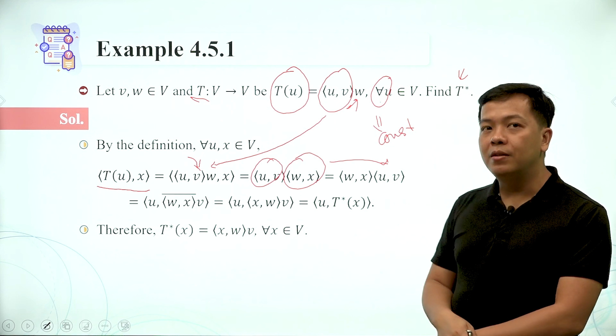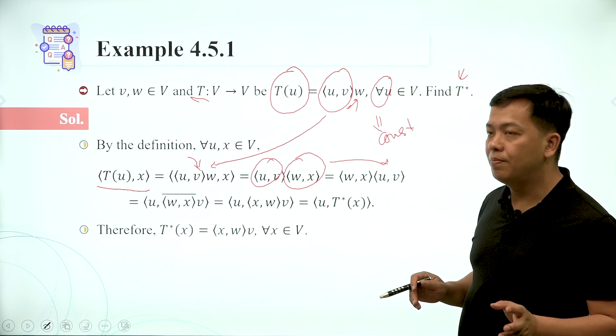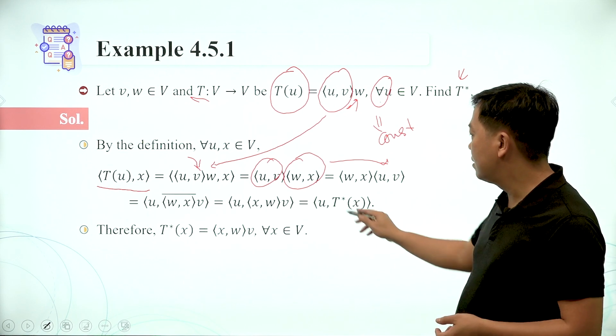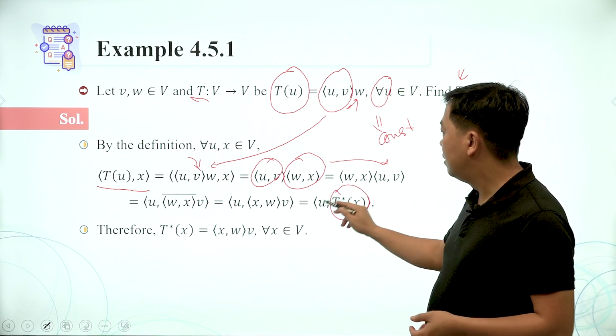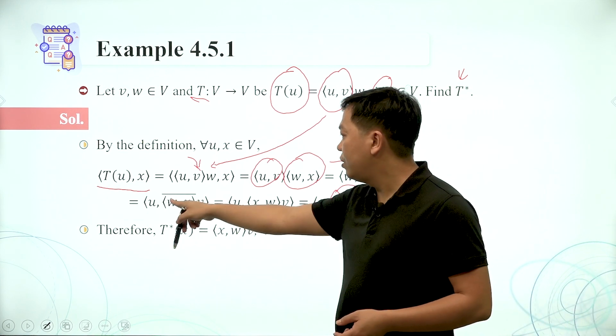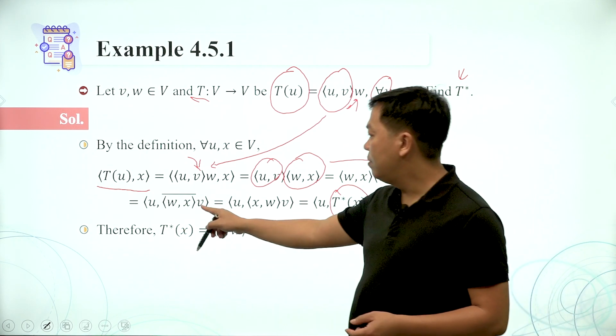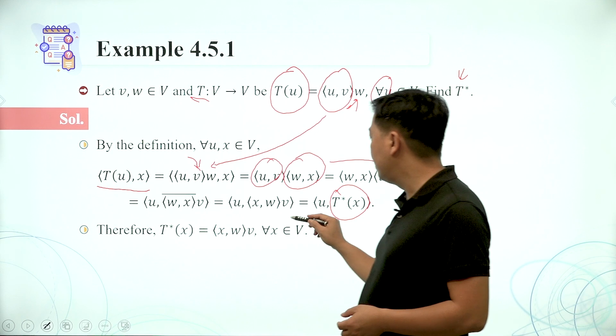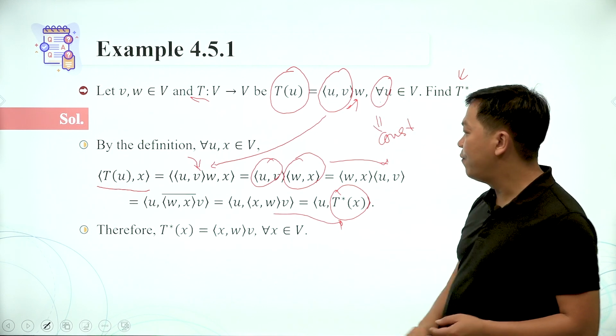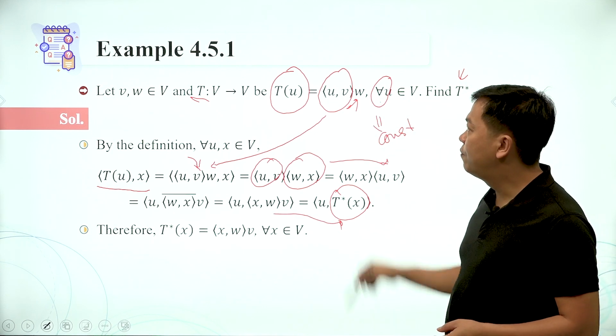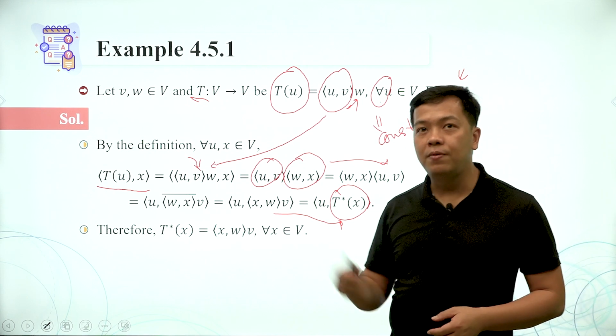If we look back at the previous formula, we can see that we have a conjugate for the standard inner product, multiplied with v after we transform. This is how the proof works.